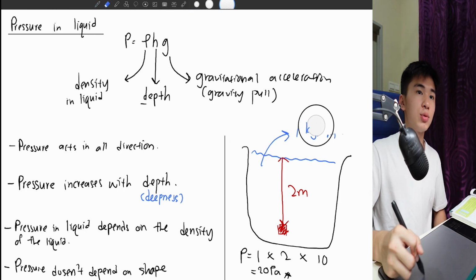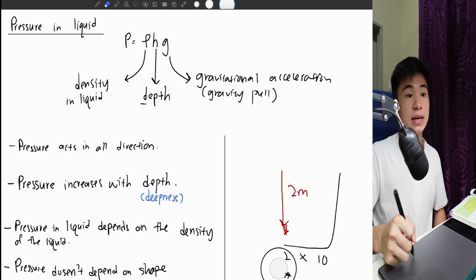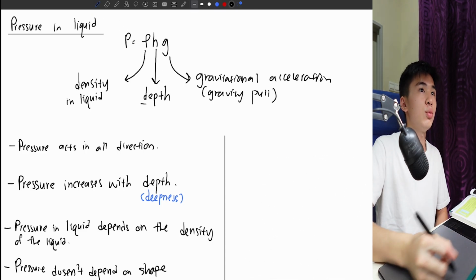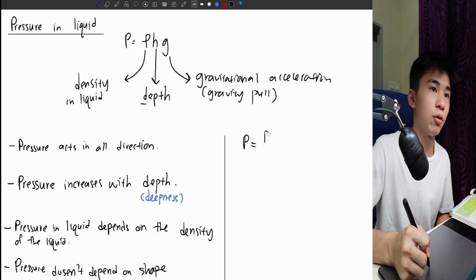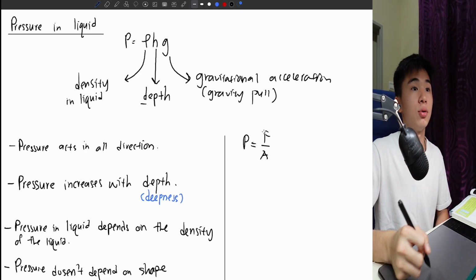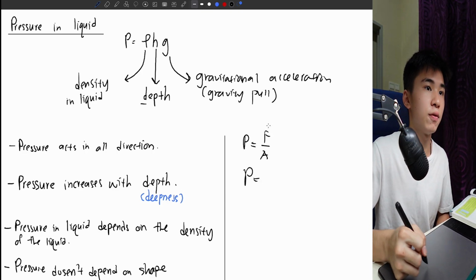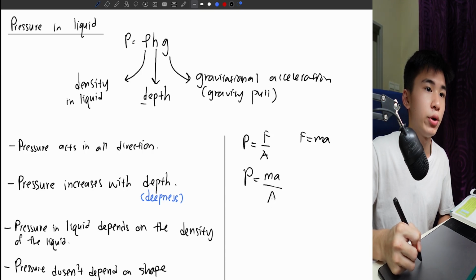Okay, and next I'm going to show you how to convert the formula for pressure in solid to pressure in liquid. We know that pressure in solid is P equals F over A, right? We can change it so that P equals force, which is MA, over the area.